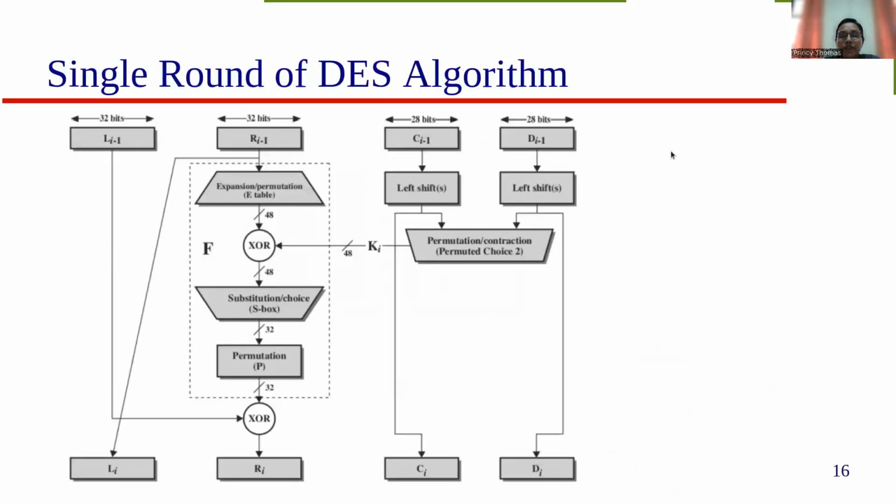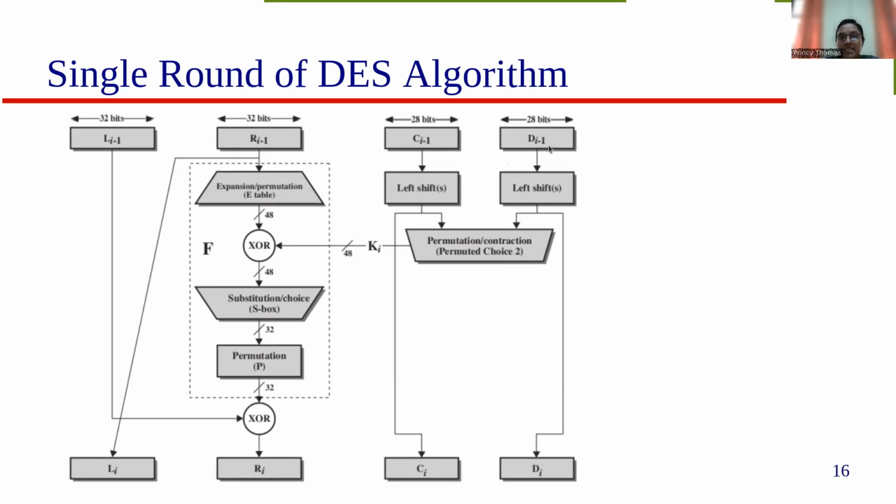So now let's look over here. What's happening inside once the 56 bits is inputted over here. The 56-bit input is divided into 28 bits on the right and on the left, which is depicted by Ci-1 and Di-1.